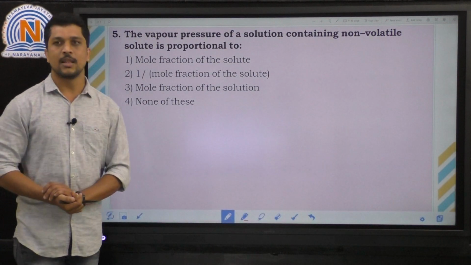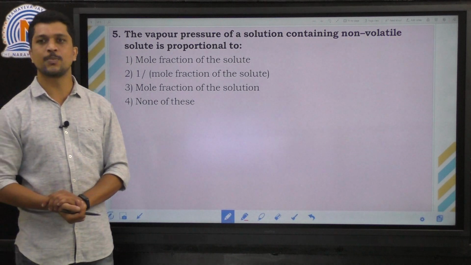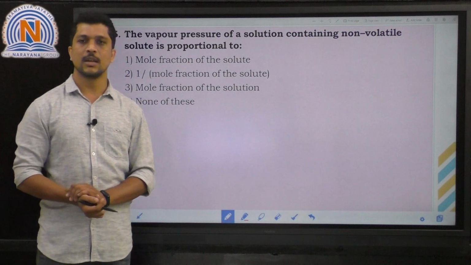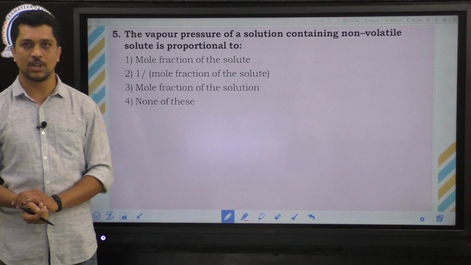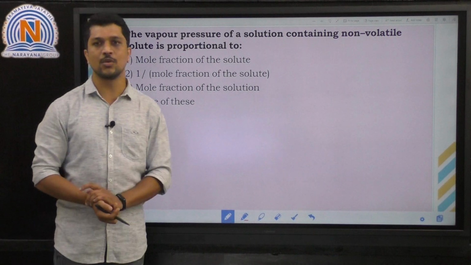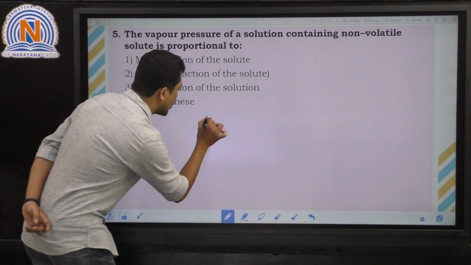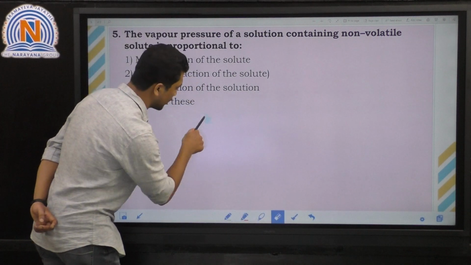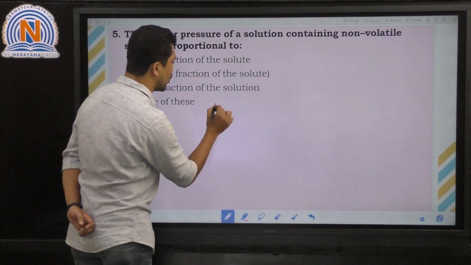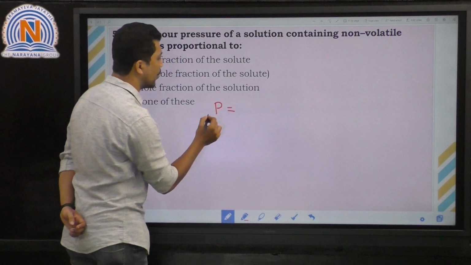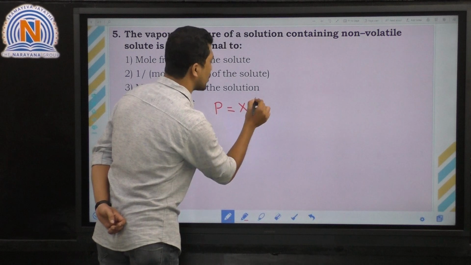Here the question: the vapor pressure of a solution containing a non-volatile solute is proportional to what? We know that according to Raoult's law, the vapor pressure of the solution P equal to mole fraction into vapor pressure of pure solvent.